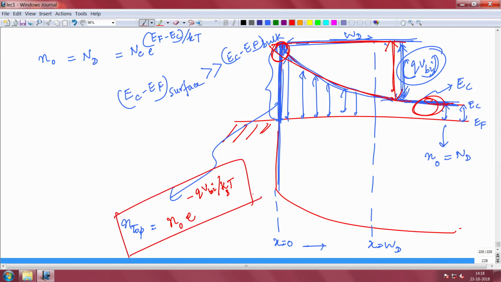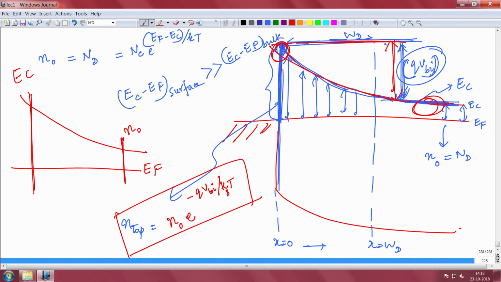Please take a moment to look at this. I told you once that even if you have any profile like this of the conduction band, and the Fermi level is constant, then if at this point the electron concentration is n naught and at this point it is N1, you look at the difference of energy between these two points, say delta V. The electron concentration at this point will be lower compared to the concentration n naught by e to the power minus delta V by kT.